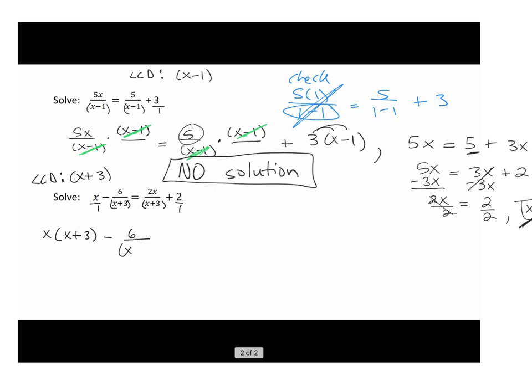On the left side, we've got 2 terms getting multiplied. And on the right side, we've got the first term times the LCD plus the second term times the LCD.